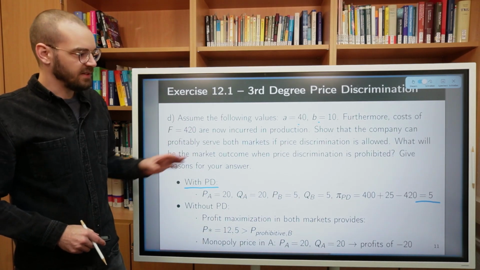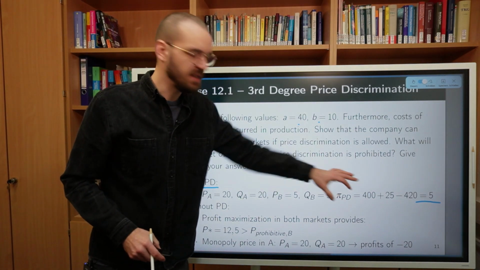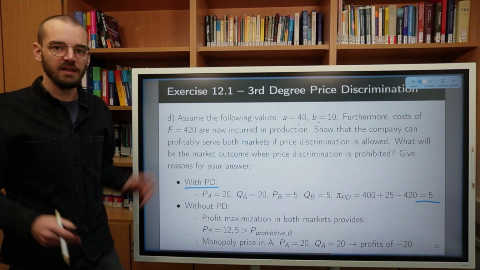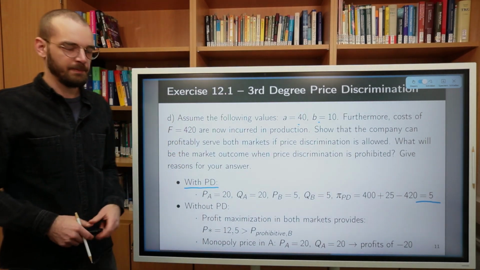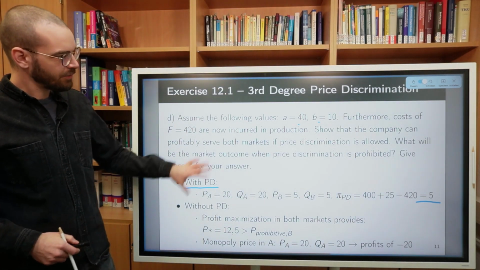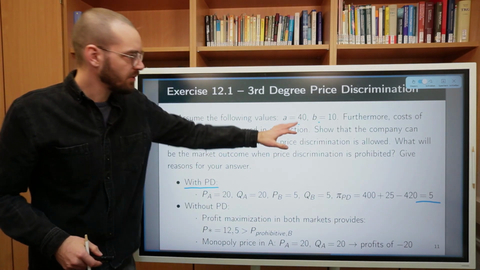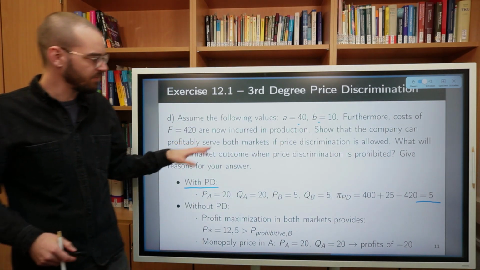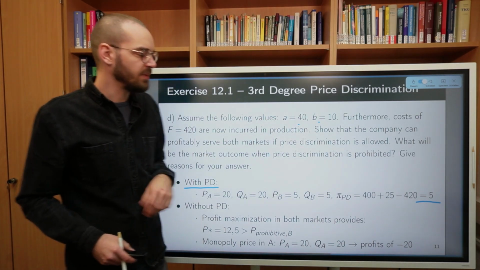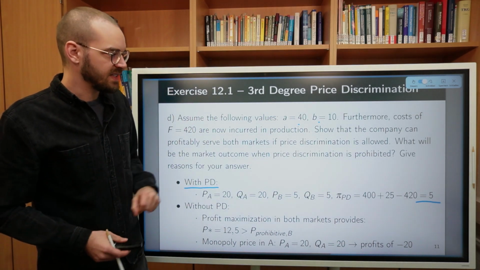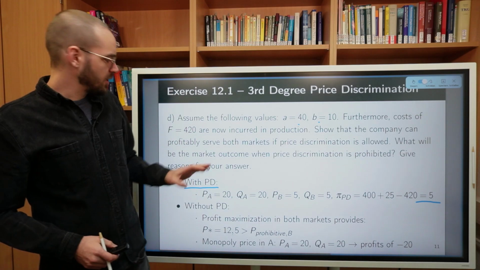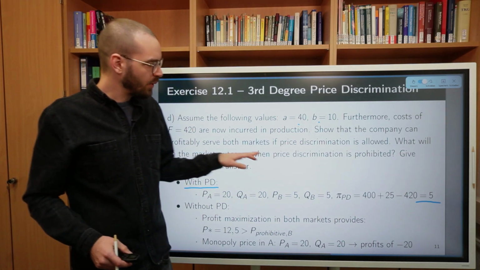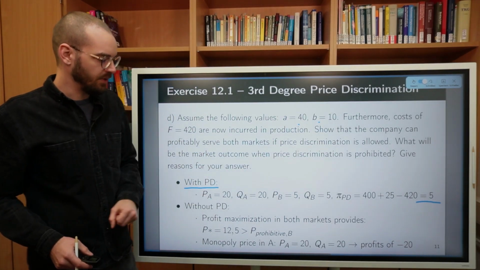So even considering these fixed costs, we still see a positive profit in the order of magnitude of 5. So that's the first part of this question. Show that the company can profitably serve both markets if price discrimination is allowed. Well, that's done. Second part of the question, what will be the market outcome when price discrimination is prohibited?